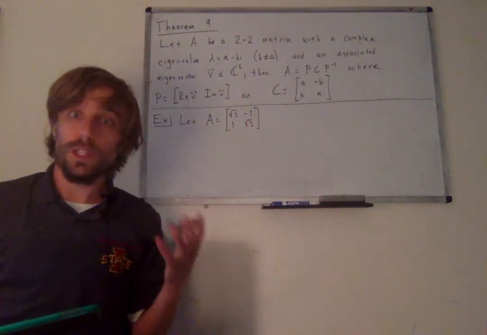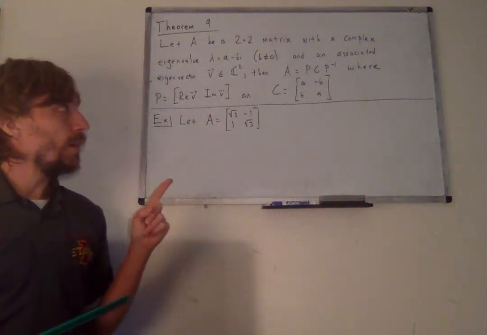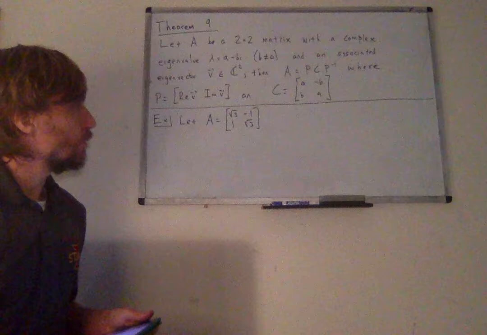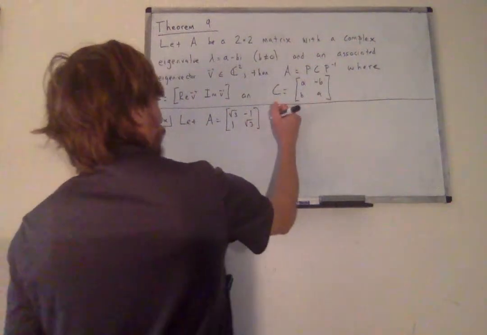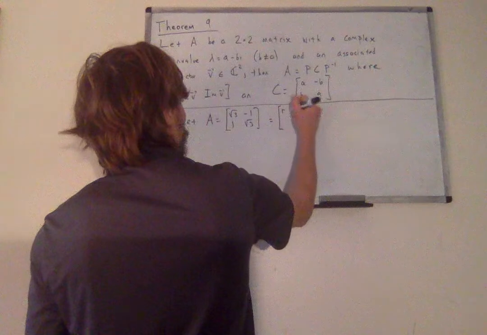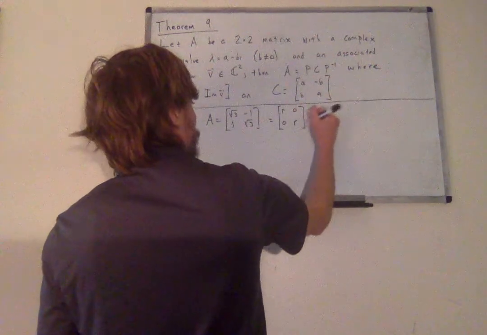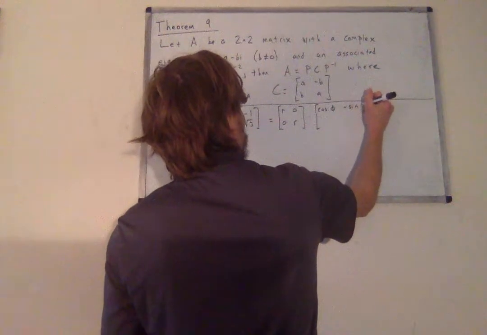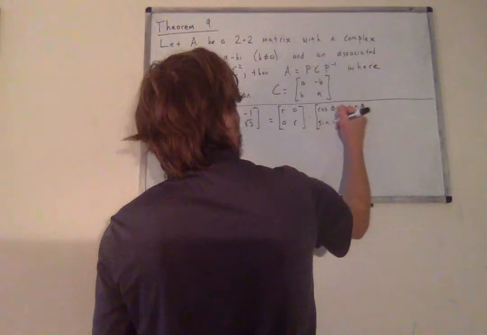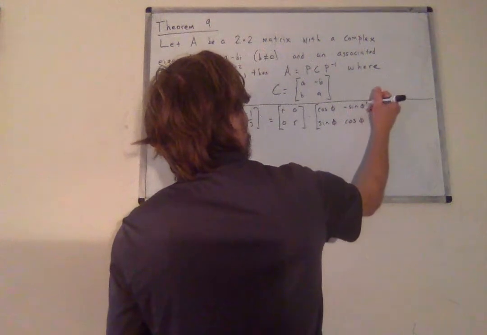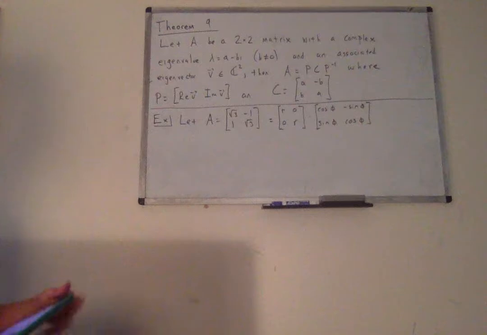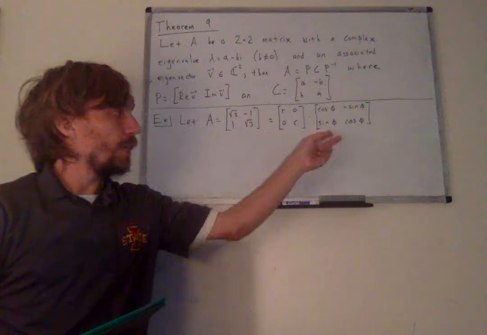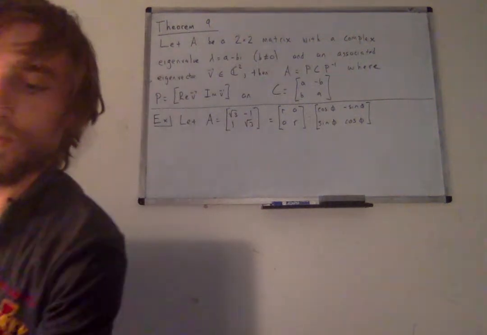So we know that A is a matrix with complex eigenvalues, and a matrix that involves a rotation and a scale. We'll be able to write A in the form R, 0, 0, R times cosine phi, negative sine phi, sine phi, cosine phi. What we want to do is first find the eigenvalues of A, then find this scale factor R, and we'll finish by finding the angle of rotation phi.